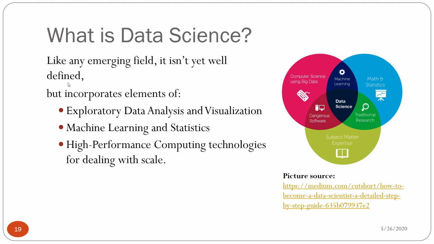But what we know for sure about data science is that it has different components in it. And what are the different elements of data science? We have exploratory data analysis and visualization. You have machine learning and statistics. You will have high performance computing. Well, you can go on.